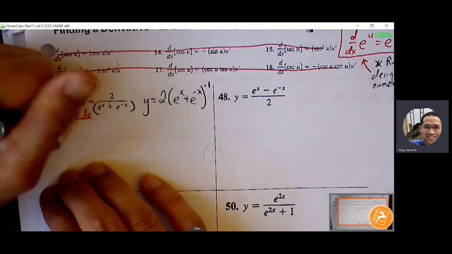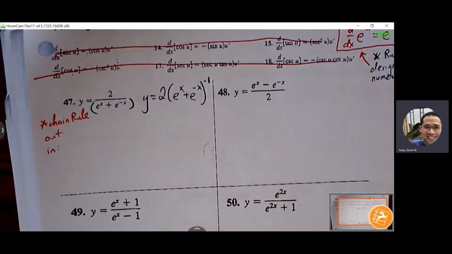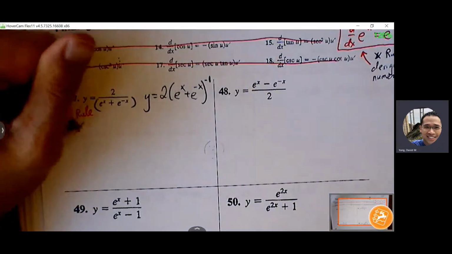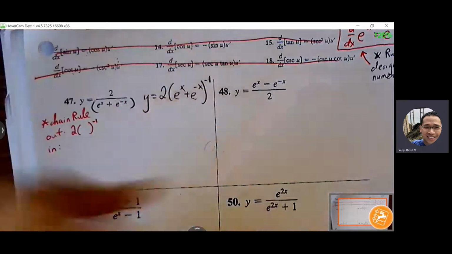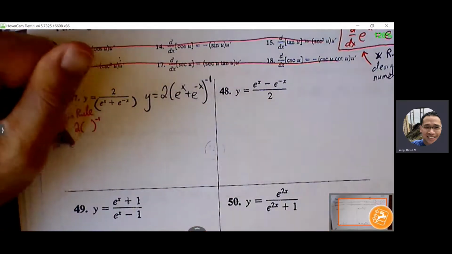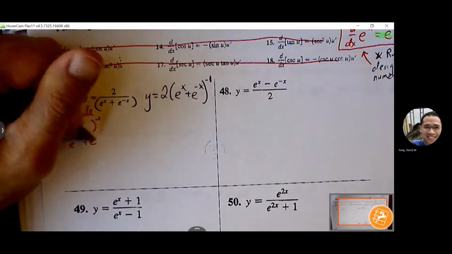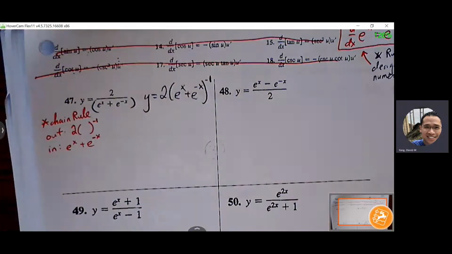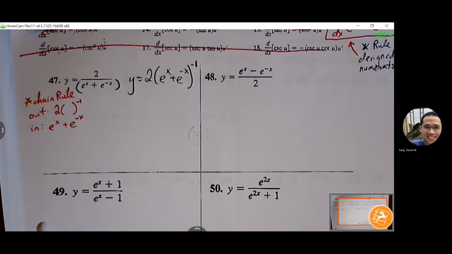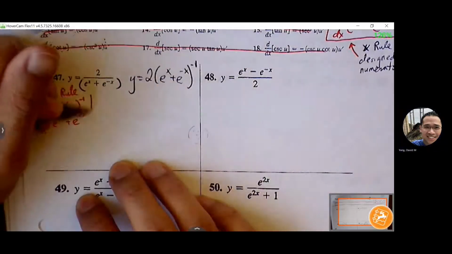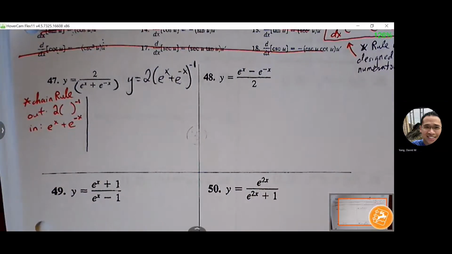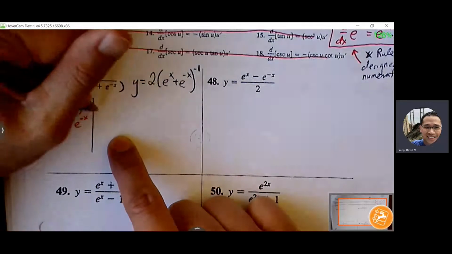Chain rule, there's an outside and inside portion. What's the outside portion here? 2 parentheses to the -1. And the inside portion is what you see right there. Okay, outside derivative first, y prime.